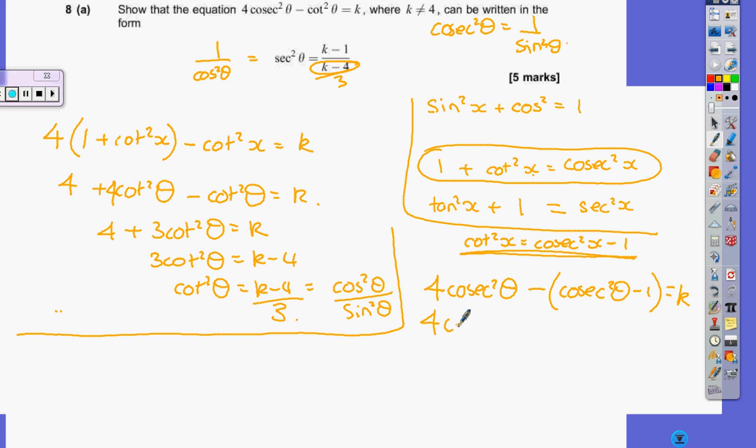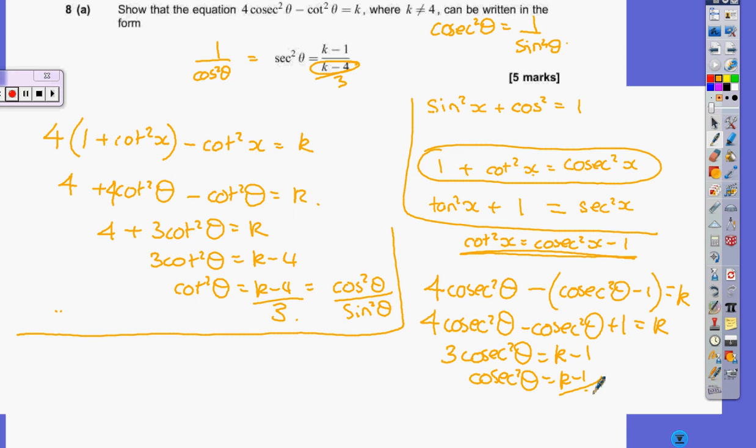So 4 cosec squared theta minus cosec squared theta plus 1 equals k. So I've got 3 cosec squared theta equals k minus 1. So cosec squared theta equals k minus 1 over 3. Weird.